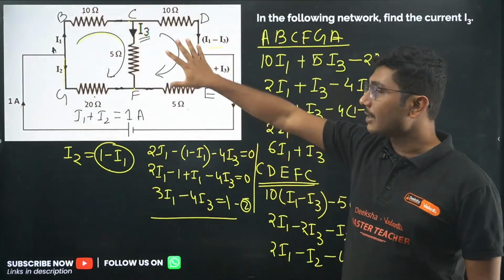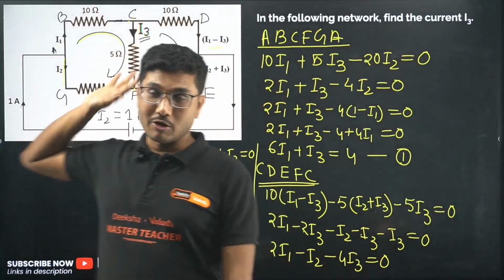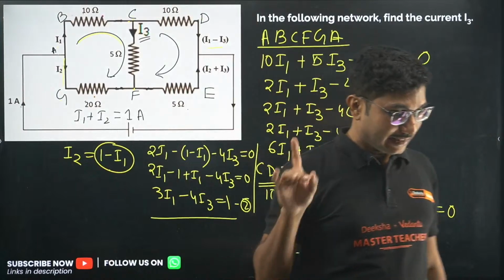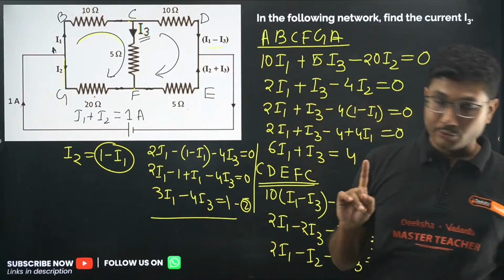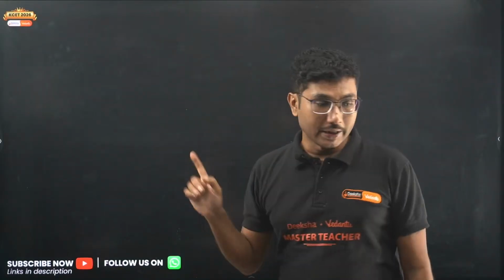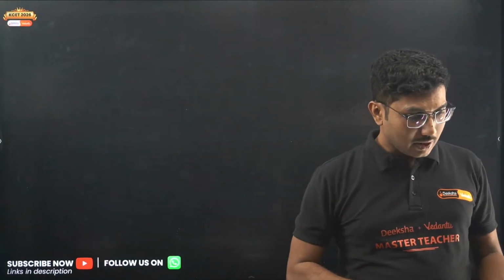No shortcut. These are unbalanced Wheatstone bridges. They are not balanced Wheatstone bridges. For a balanced Wheatstone bridge, there is a shortcut that I have already showed to you, right? And if you have any other doubt, please let me know. I can discuss. Otherwise, I will close this live chat.